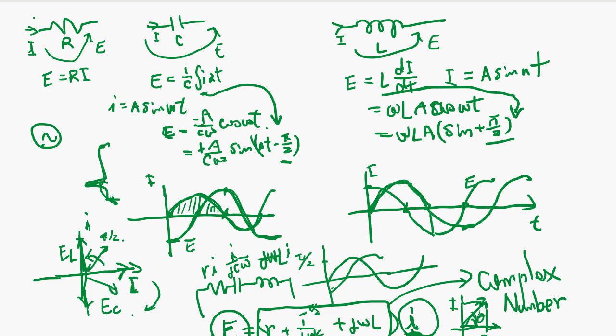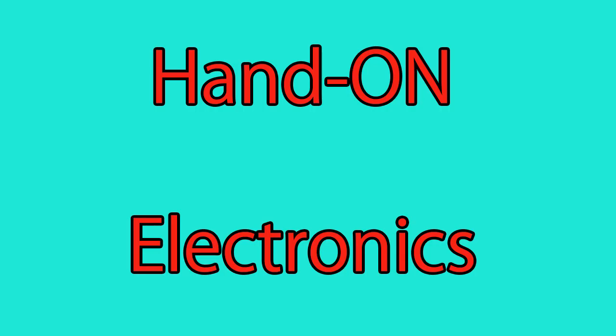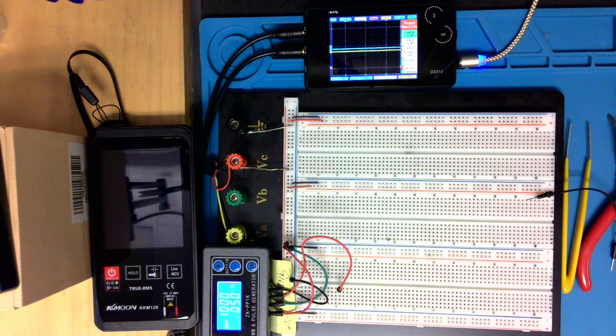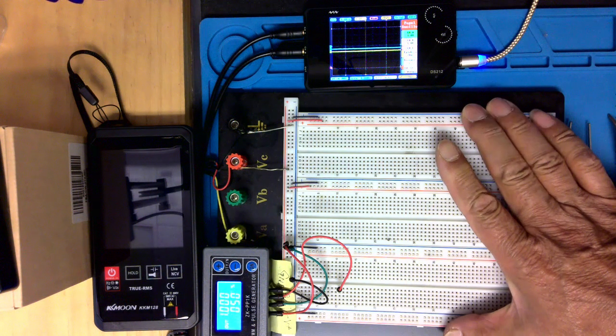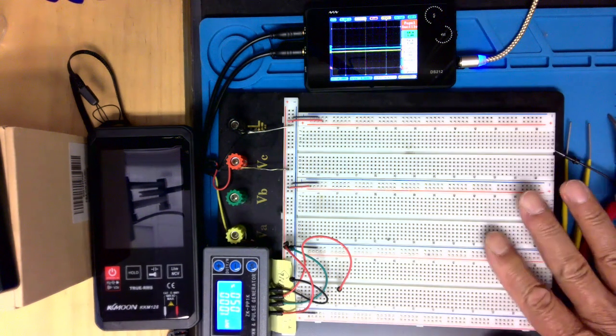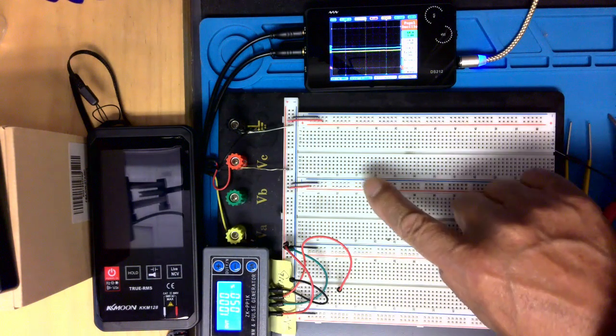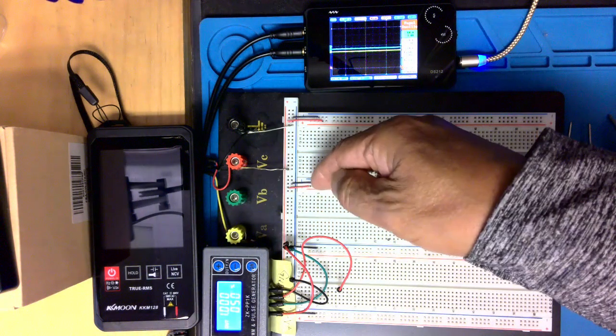Okay, now we go to hands-on electronics. So we're going to show you what kind of tool we use for hands-on electronics in this course. This is the breadboard. It's a small breadboard. A breadboard has many holes, and certain lines are short circuit.